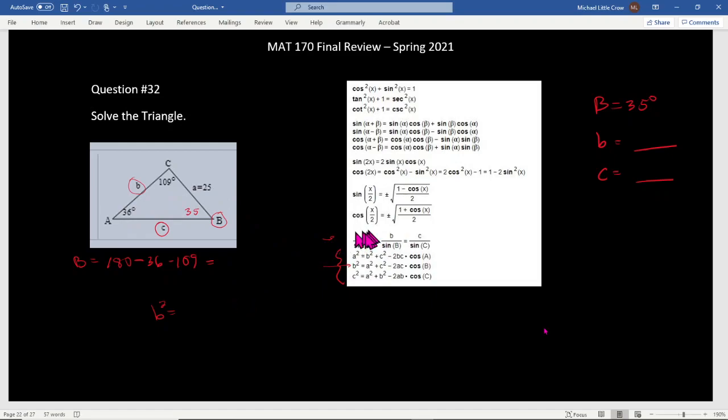So we get a over sine A, 25 over sine of 36, has to be equal to little b, which we don't know what it is, but we can only do one unknown at a time, over the sine of B, which we just figured out.